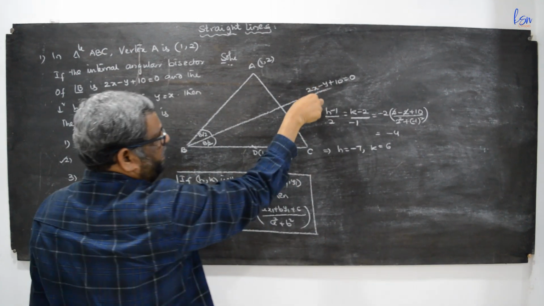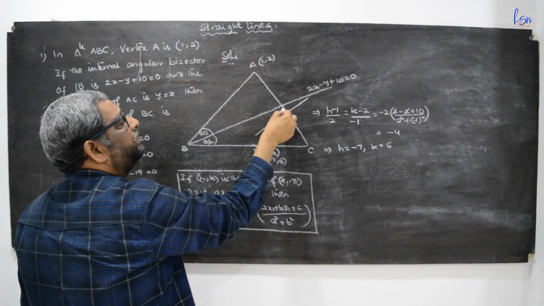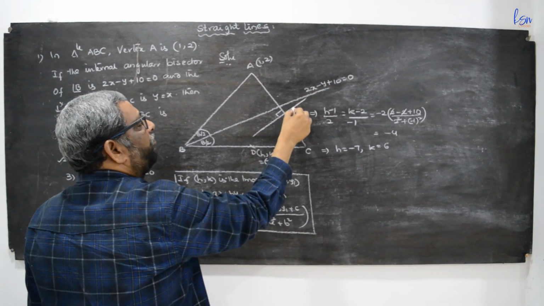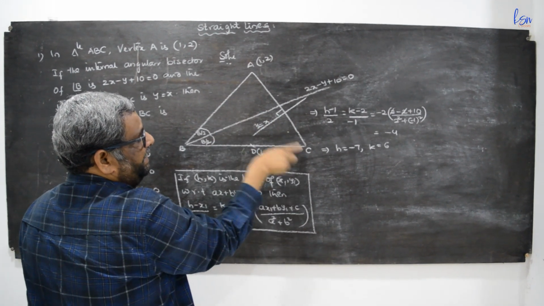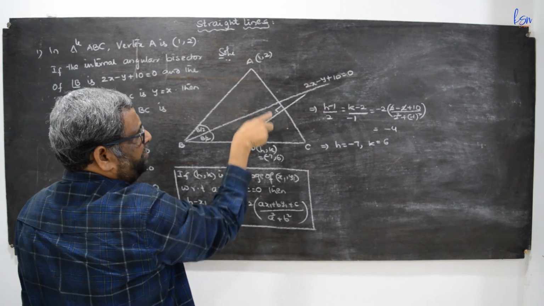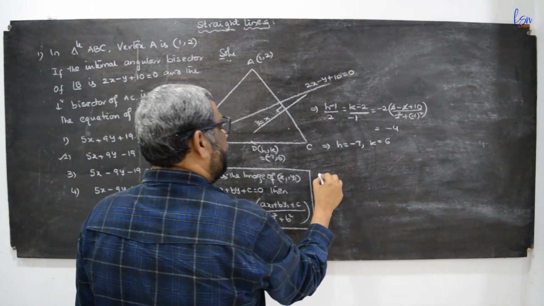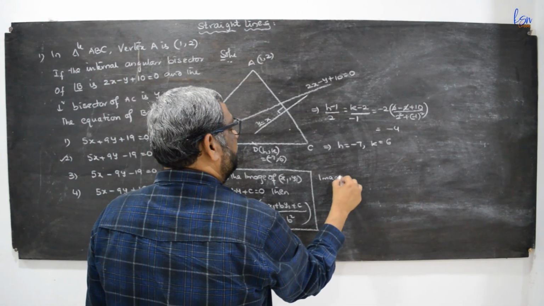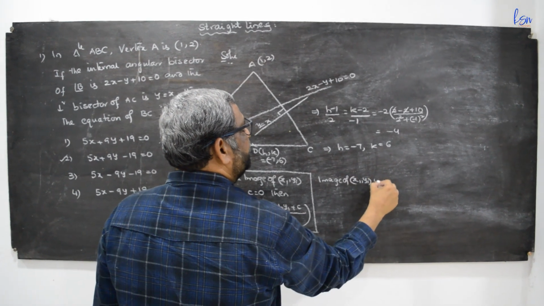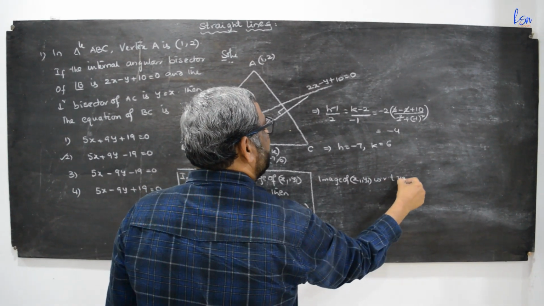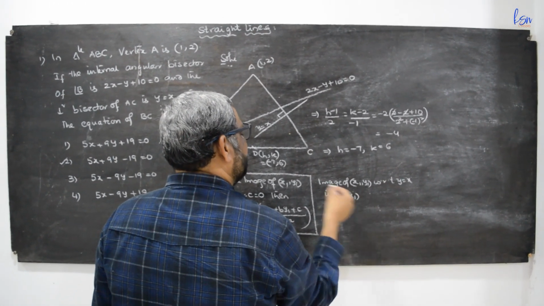Given the perpendicular bisector of AC is y equal to x. C is the image of A with respect to the perpendicular bisector y equal to x. The image of (x1, y1) with respect to y equal to x is (y1, x1).